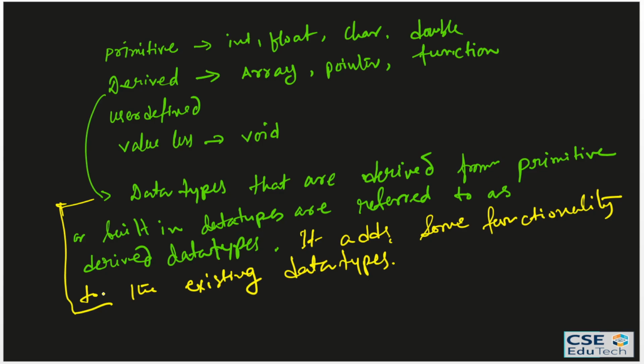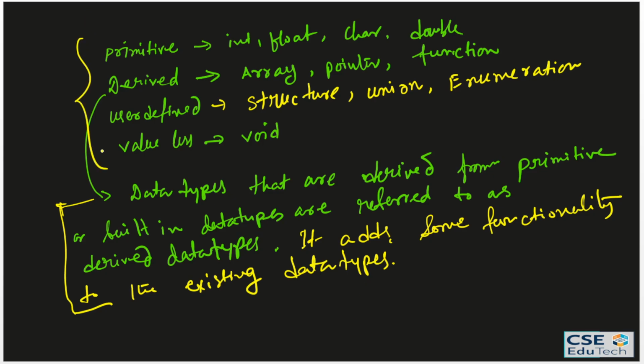Now, user defined data types are structure, union, and enumeration, and valueless is void. We can also consider these as data types.